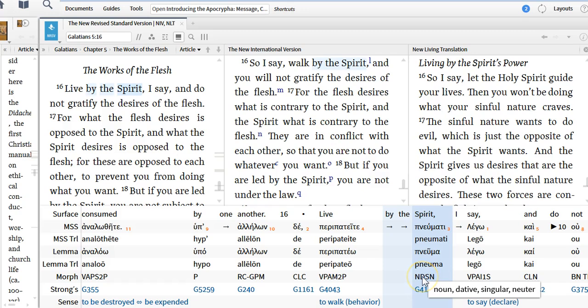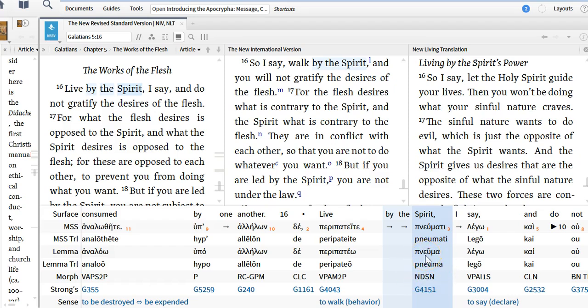And again, we're left to look at how each of these translations is understanding the dative. Live by the Spirit. "By" and "the" don't have Greek word equivalents. "By" is the NRSV and, as it happens, the NIV's choice for representing the dative case and its function.